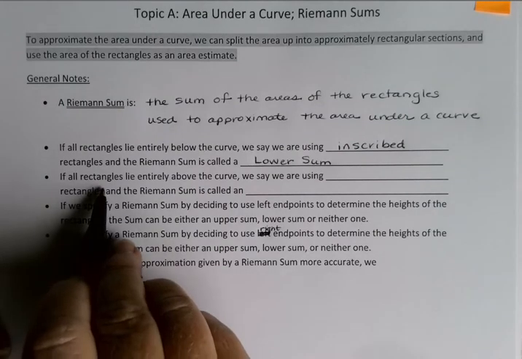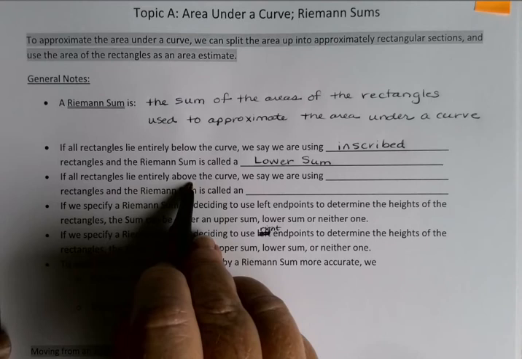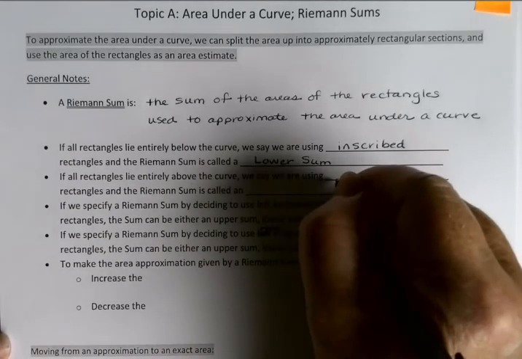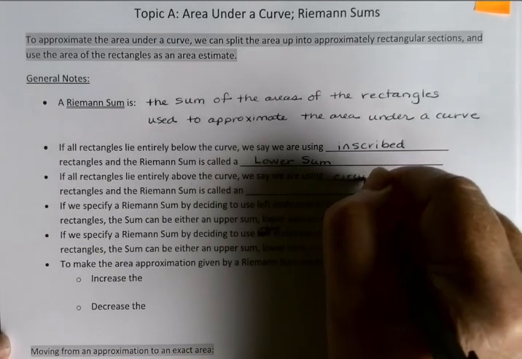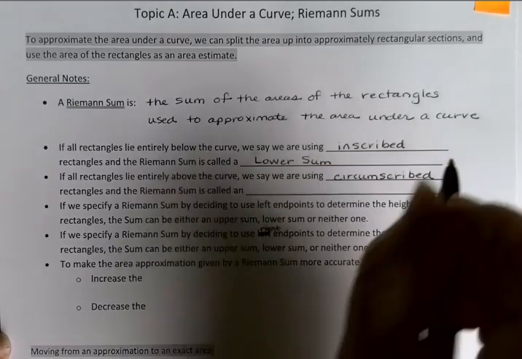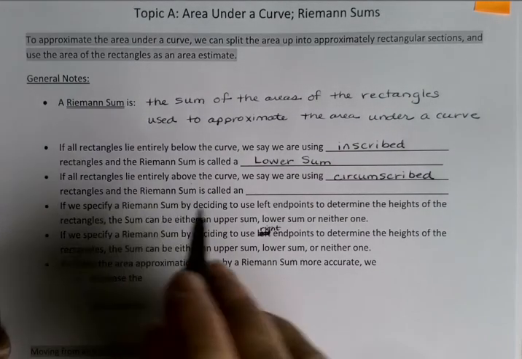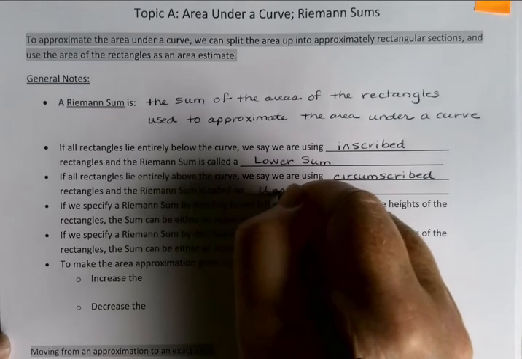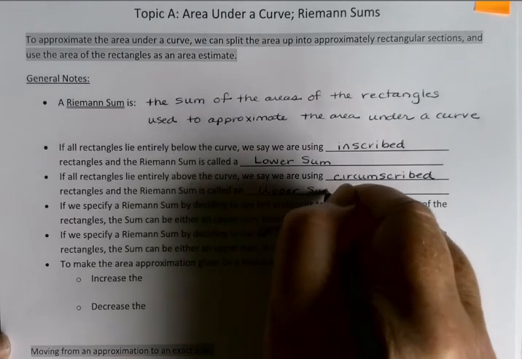If all the rectangles lie entirely above the curve, we say we're using circumscribed rectangles. And in that case, our Riemann sum is called an upper sum because our area estimate's a little too big.